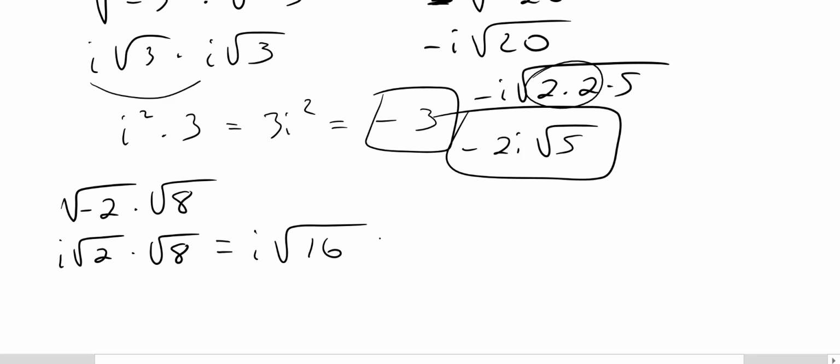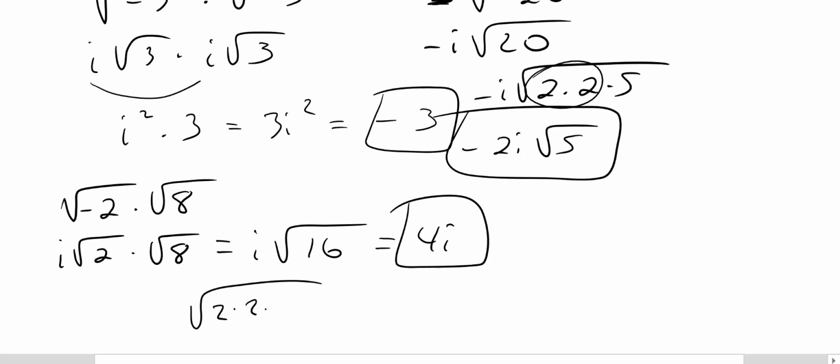What's the square root of 16? It's 4. So 4i is my final answer. Now, if you weren't good with that and you're like, oh, 16, you could always break it down. 2 times 2 times 2 times 2, right? And then you're pulling out 2 pair, which gives you 2 times 2 is 4, and then there's nothing left over. That's why it's just 4i.